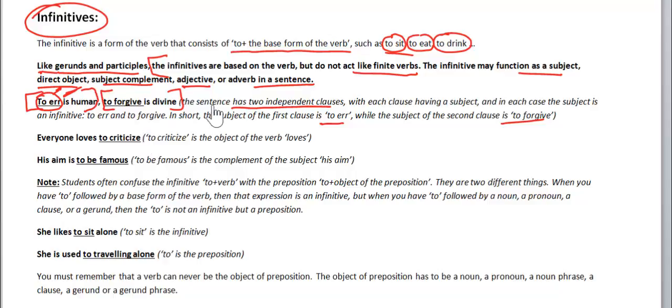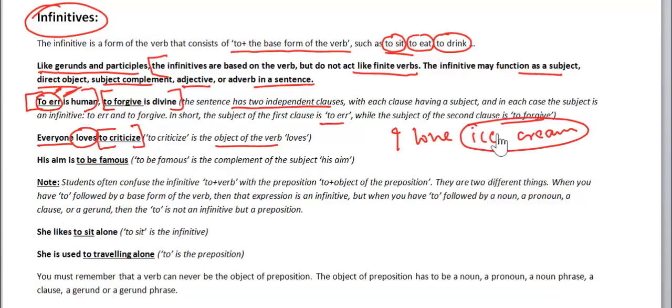The verb is, right? And what is the subject of that verb? To do good to others. Everyone loves to criticize. So, what is basically to criticize? It is the object of the verb. You can say, I love ice cream, correct? Ice cream is the object. I love to criticize, correct?